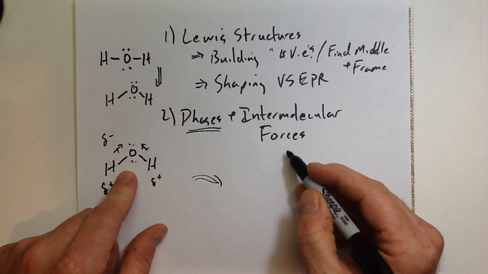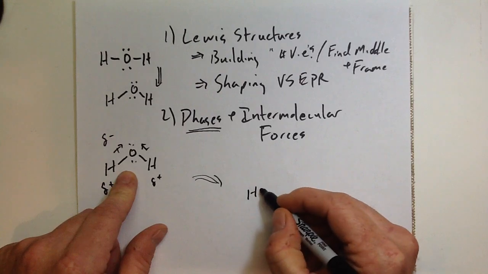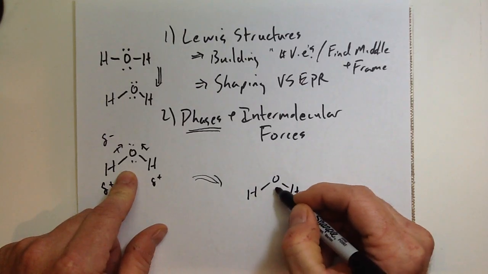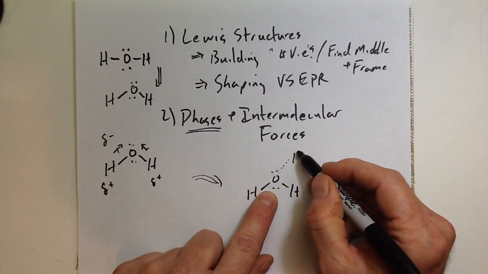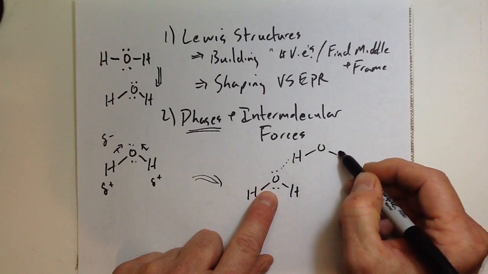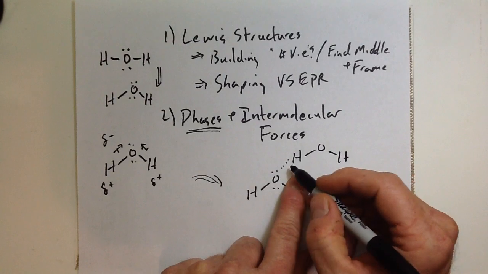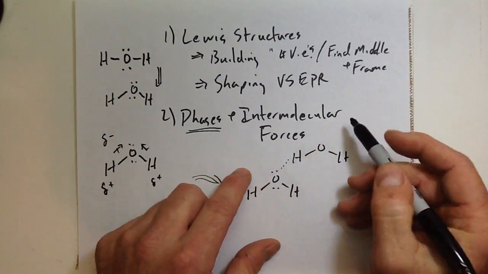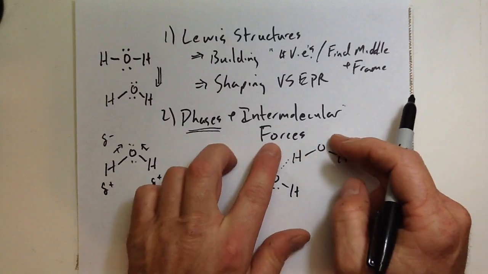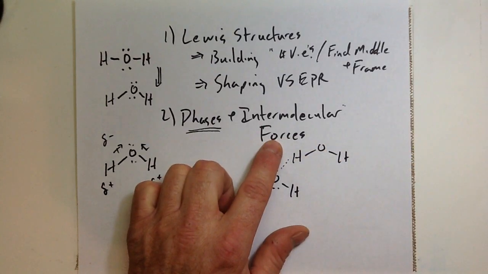If that's true, then we can understand why, in pictures, you'll see an oxygen of one water molecule close to a hydrogen of another water molecule. These little dotted lines often mean you have some weak intermolecular forces. Intermolecular forces aren't covalent forces.